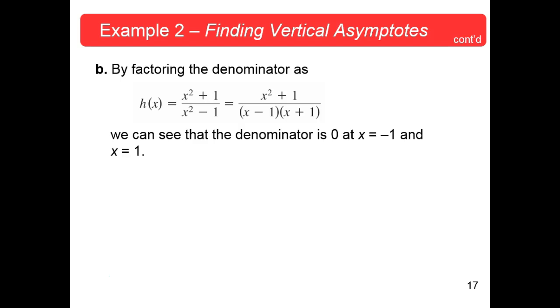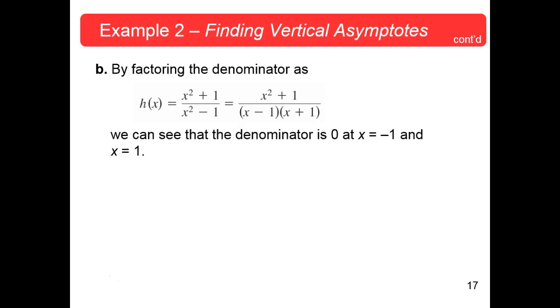Okay? Now, what can you tell me about those? When x is to the left of -1, the denominator factor is going to be a negative number. That's always going to be positive. Because x is to the left of -1, say -2, this is going to be negative, that's going to be negative.